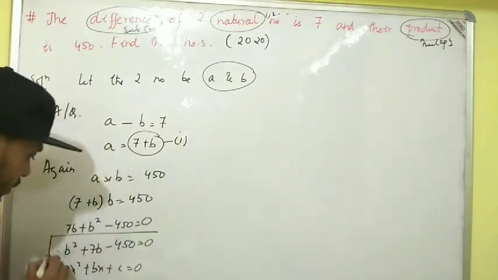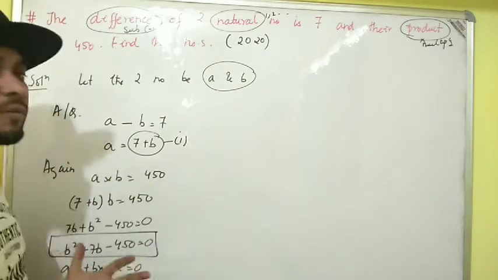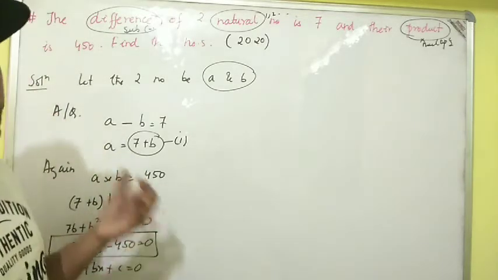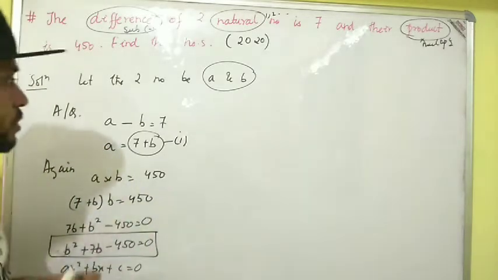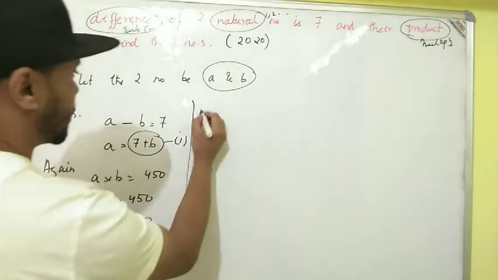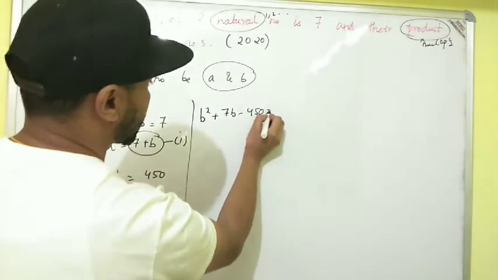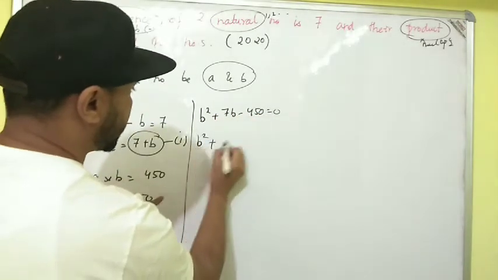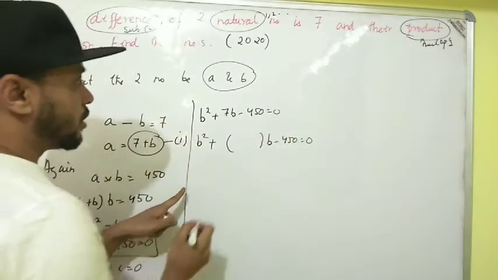Now we have framed the equation. We can solve this equation very easily by using the Sridharacharya formula, or you can simply break the middle term. Here I'll break the middle term. So B square plus 7B minus 450 is equal to 0. In the first video we discussed how to break the middle term or how to use the Sridharacharya formula.